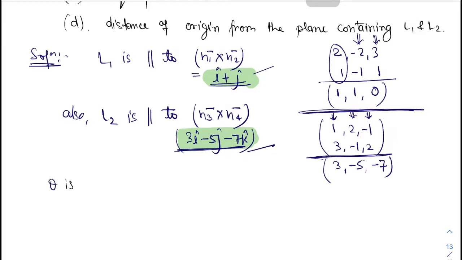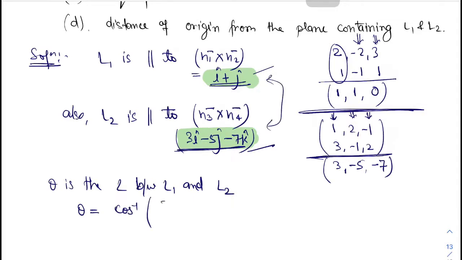If theta is the angle between L1 and L2, then I can write theta equal to cos inverse of the dot product of these two vectors, which is 3 minus 5, divided by the product of their magnitudes, that is root 2 into root of 9 plus 25, that is 34, 34 plus 49 will be 83.